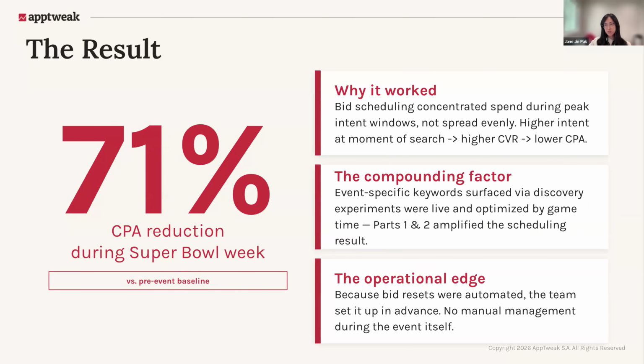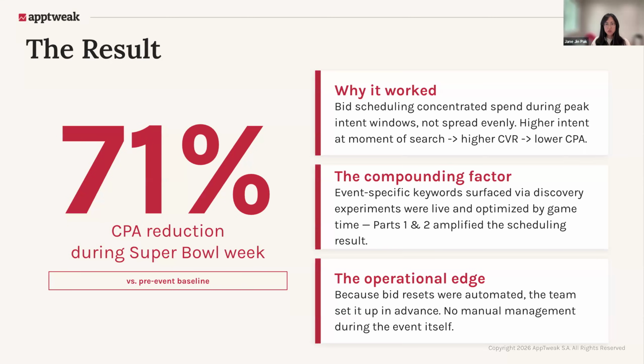The result was a 71% decrease in CPA during Super Bowl week. As I mentioned, I typically see a CPA increase during these high moments of seasonality, but in this case we actually saw a 71% decrease in CPA when competition was crazy high. I think this worked because we were thinking about all different angles.